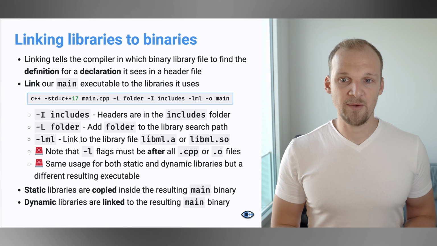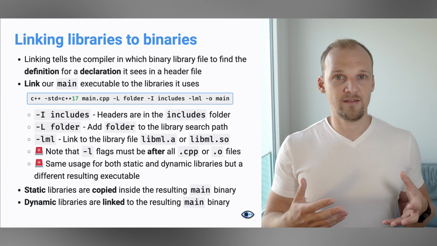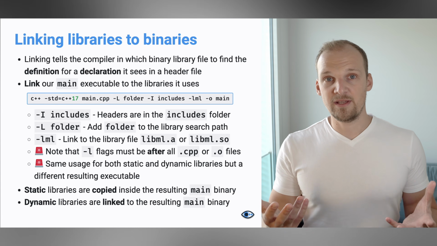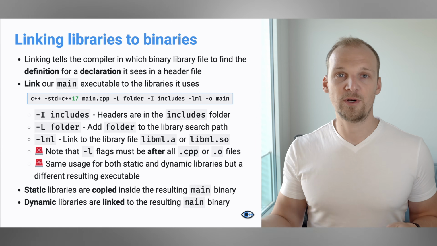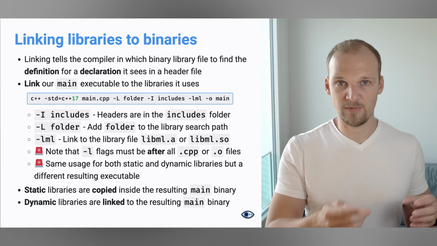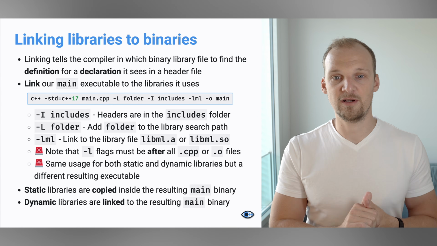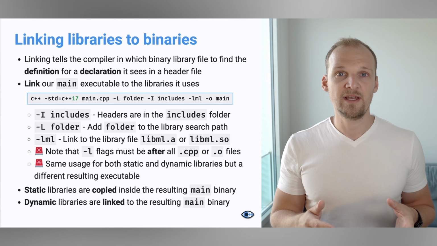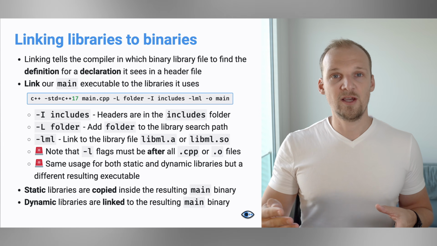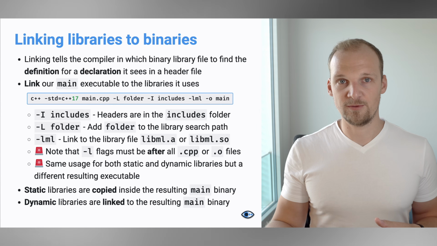So the -L capital basically tells the compiler or the linker where to look for the libraries. Basically, it gives a folder where all of our library files, the .a and .so files lie. And the small l letter basically tells us which library we want to use.